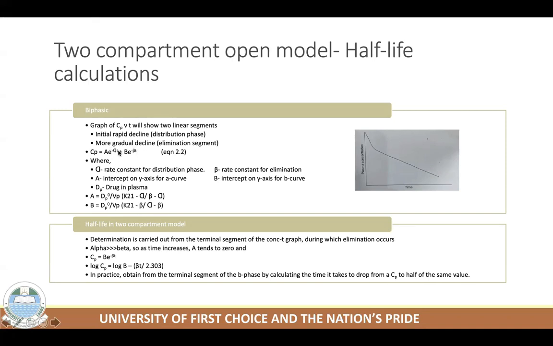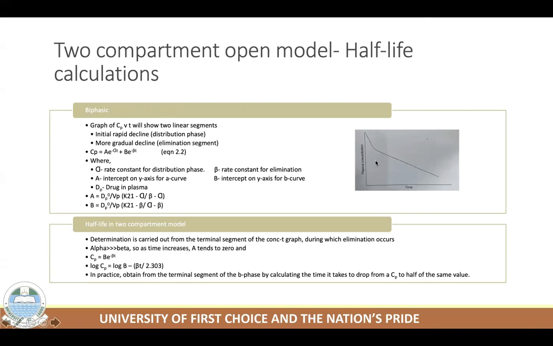Alpha is the rate constant for the distribution phase, this phase, so it's the slope of this phase, while beta is the rate constant for the elimination phase, which is this part of the graph. Now, A is the intercept on the y-axis for this part of the curve, while B is the intercept on the y-axis for this part, for the B curve.